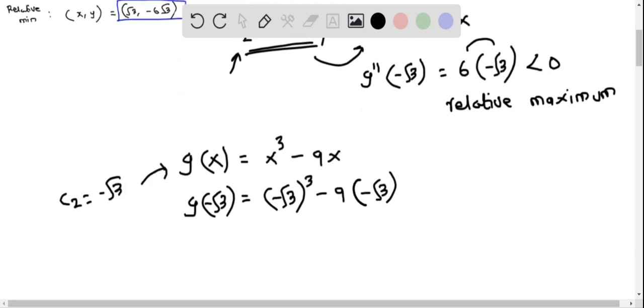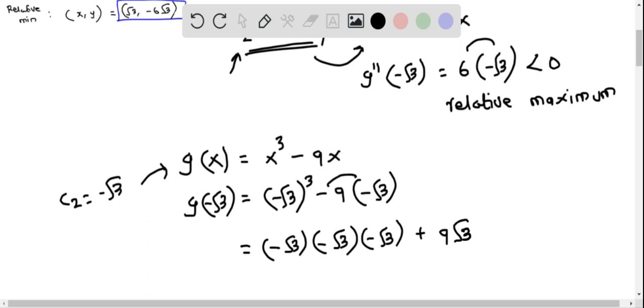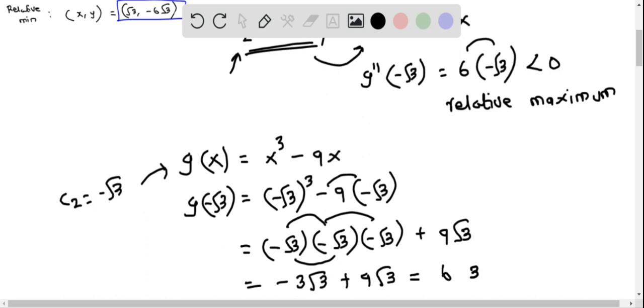Negative root 3 multiplied by itself 3 times is a product of 3 negative quantities, so we get negative, and root 3 times root 3 is positive 3. So it becomes negative 3 times root 3, plus positive 9 times root 3, and so this gives positive 6 root 3.